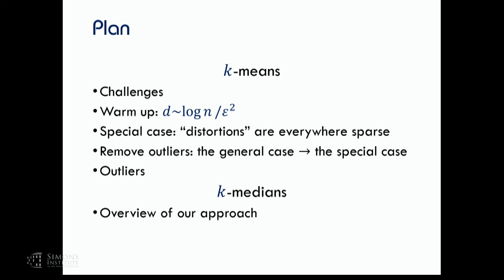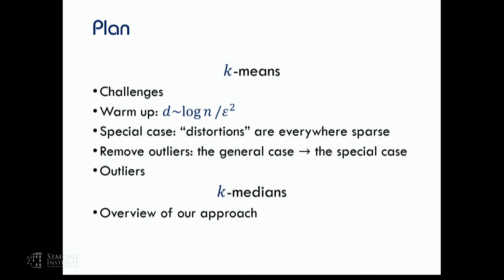Then we will discuss a very important special case. I can't define it formally now, but loosely speaking, in this special case, all the distorted distances are uniformly distributed inside clusters. So we don't have clusters where there are a lot of distorted distances, but I will, of course, formally define it later on.